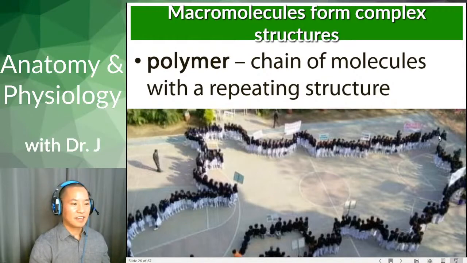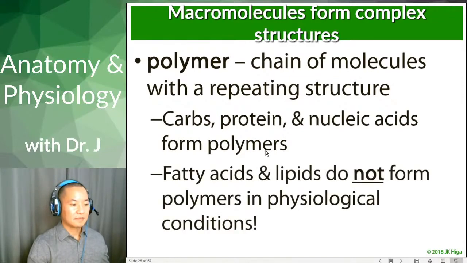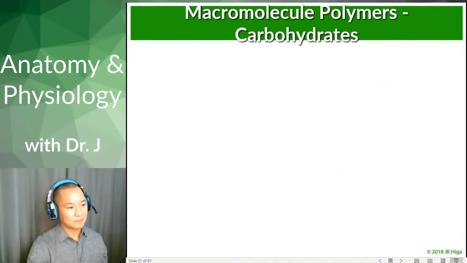Theoretically, if you add more and more people, you can extend this chain until infinity. This is what I'm referring to when I talk about a polymer. Carbohydrates, proteins, and nucleic acids form polymers, but fatty acids and lipids do not form polymers in your body. So this is what I'm getting at.